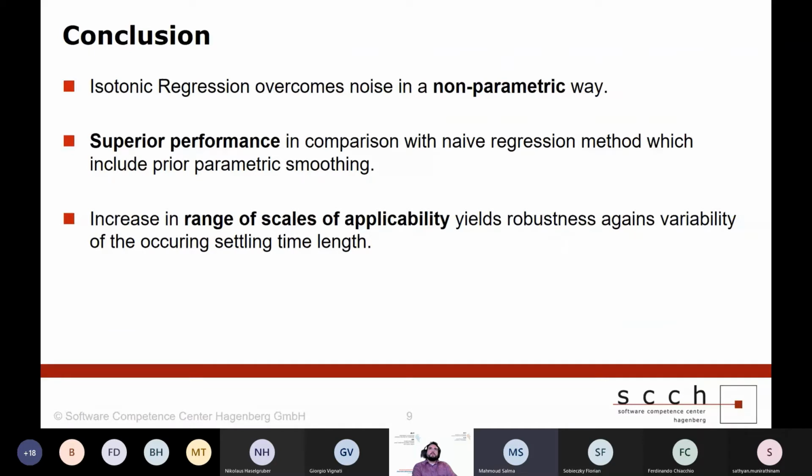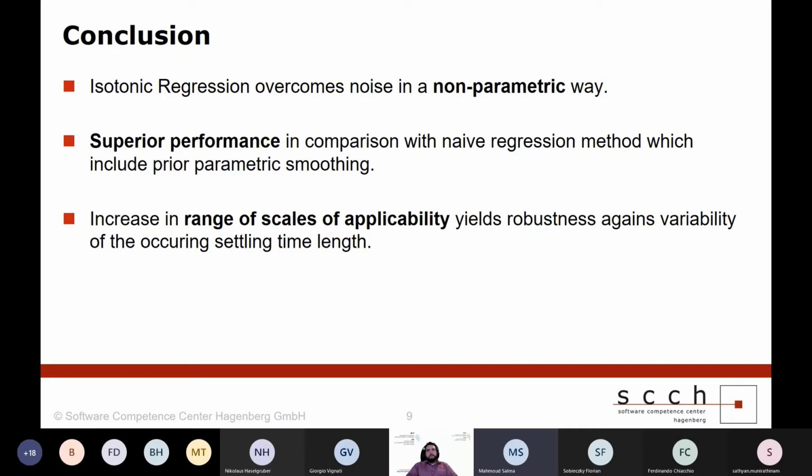So as a conclusion, isotonic regression was superior in performance in comparison to the naive regression method, which includes prior parametric smoothing, and the increase in range of scale of applicability yields robustness against variability of the occurring settling time length.